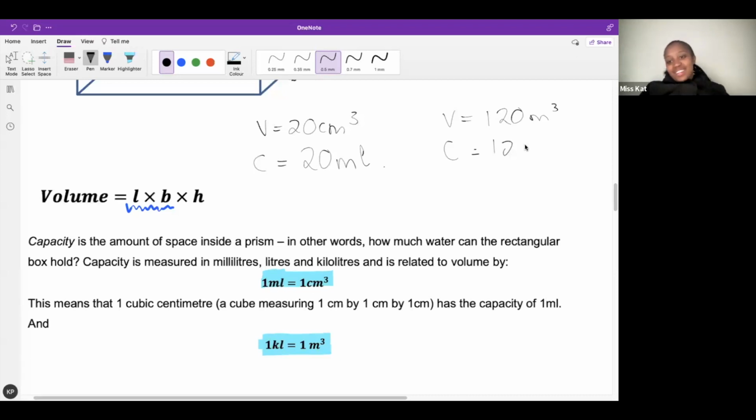It will be 120 kiloliters. Guys, you're literally just changing the units. You just need to remember that centimeter cubed goes with milliliters and meter cubed goes with kiloliters. Oh, you guys are terrible. I like the sarcasm. So that's the difference between capacity and volume.